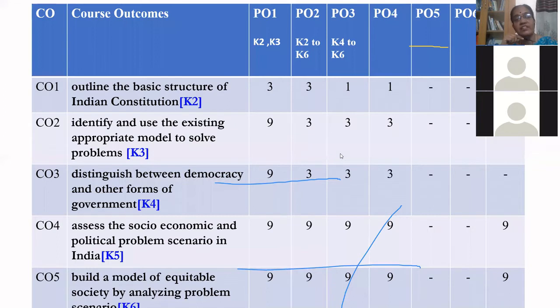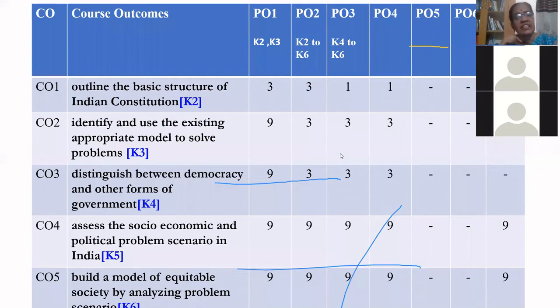Now this particular CO is addressing only K2. So either you can give 1, suppose you are going to give only a light concept, you can give 1 or 3. Strong means you can give 3. Then for CO1, PO2, it is CO1 is with K2 level, but PO2 is up to K6. So either you can give 1 or 3.